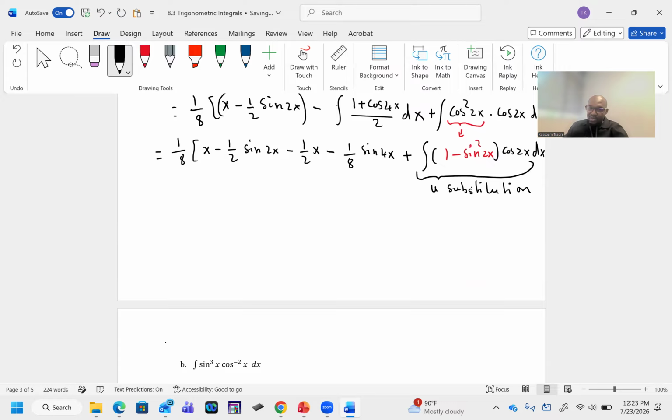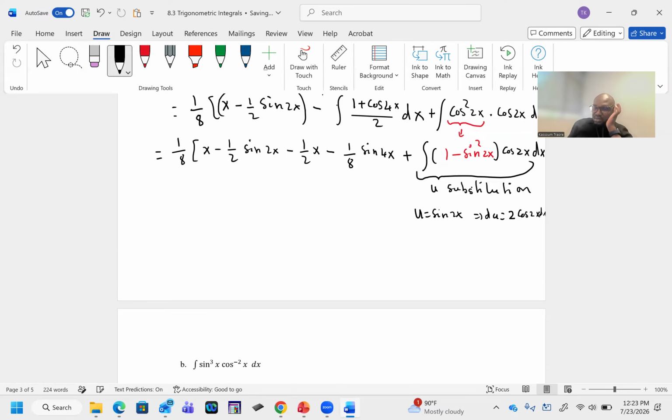So we'll say the u is sine of 2x, which means du will be... sorry, du will be 2 cosine of 2x dx.